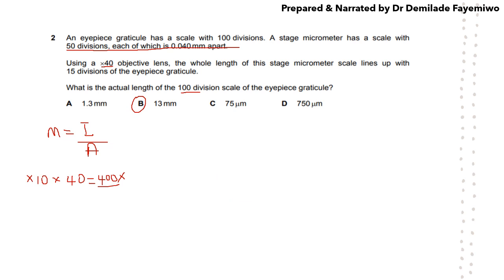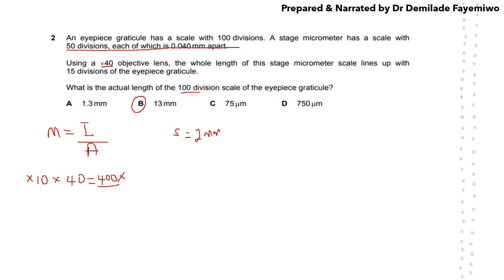So let's say we want to then include the magnification issue here. It says that when you magnify this thing, the stage micrometer only fits onto 15 divisions on the eyepiece scale. So what you can do is say the stage micrometer, like we said, is 2 millimeters in length. So I'm just going to write S is equal to 2 millimeters in length, and this is what we would call the actual size of the stage micrometer. But we're being told that this stage micrometer has been magnified by 400 times.